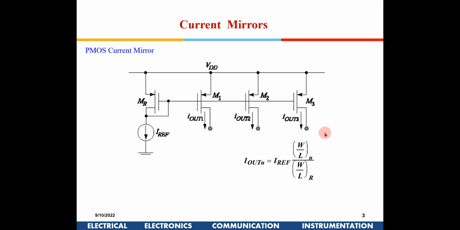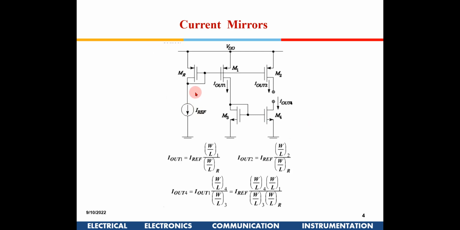So this we saw last time. We also saw that with one I reference I can have multiple sinking currents and multiple sourcing currents. It all depends on the W by L ratio. Once I generate one reference current, I can generate all these sinking and sourcing currents up to the required value for different VLSI circuits.